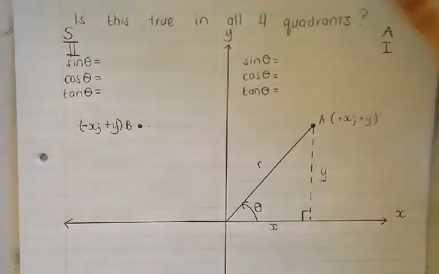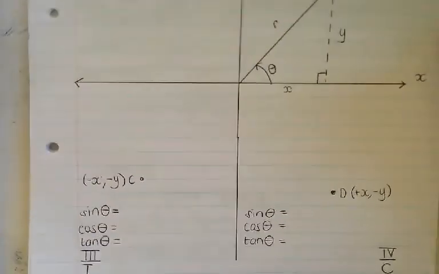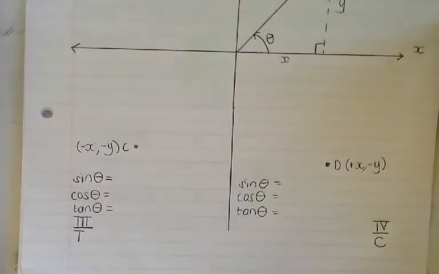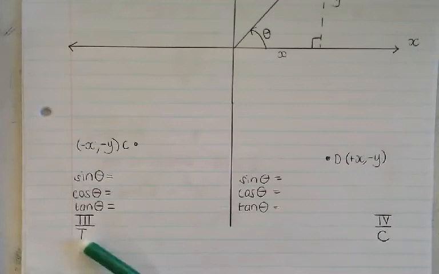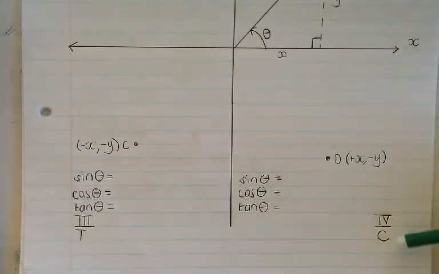Okay, and then your bottom two quadrants. It's just a random point. Sine theta, cos theta, tan theta, the name of the quadrant, and the letter T in that one, and the letter C in this one.